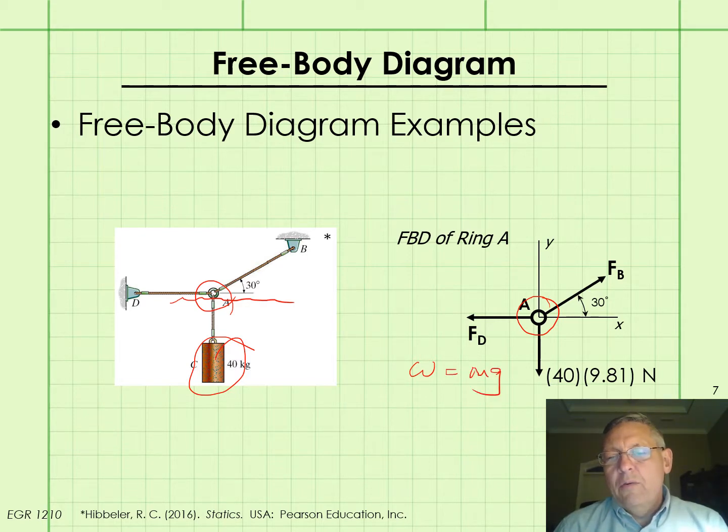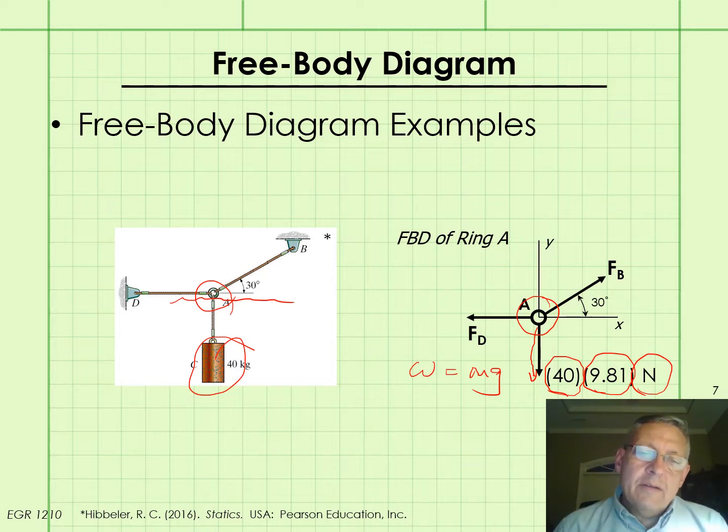So we'll draw a force on the ring in the negative y direction, and the magnitude of that force is going to be m, which is 40 kilograms, times g, which is 9.81 meters per second squared, and those units are what we call newtons. So that weight force has known magnitude and direction.